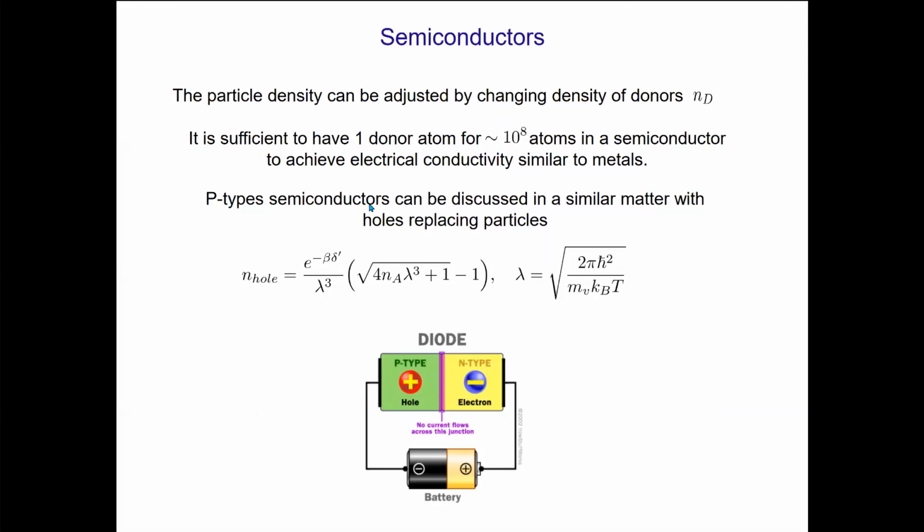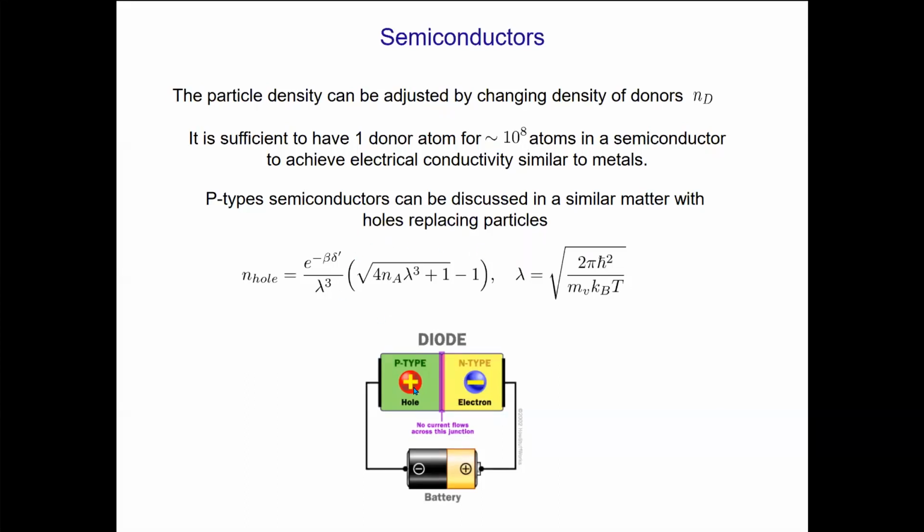And similarly for p-type semiconductors, we can create a very high concentration of holes with just one acceptor atom per 100 millions. A similar form.